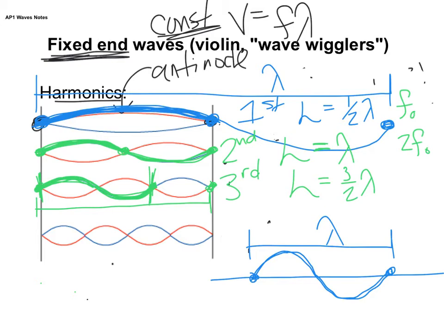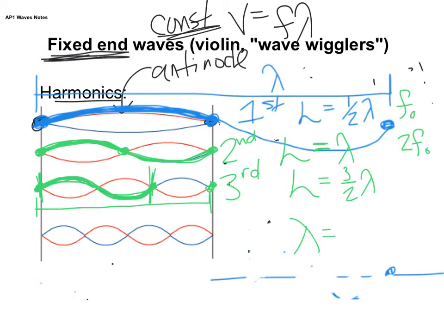Instead of saying that the length of the string is 3/2 of a wavelength, let's also write it in terms of what the wavelength is equal to. So another way to write this would be to say that our wavelength is equal to 2/3 of our total length of the string. It doesn't really matter which way you approach that, either one would work.